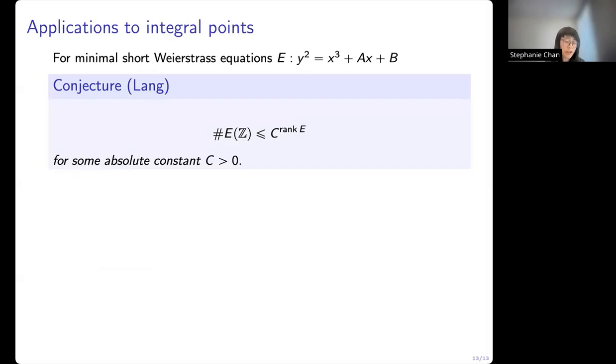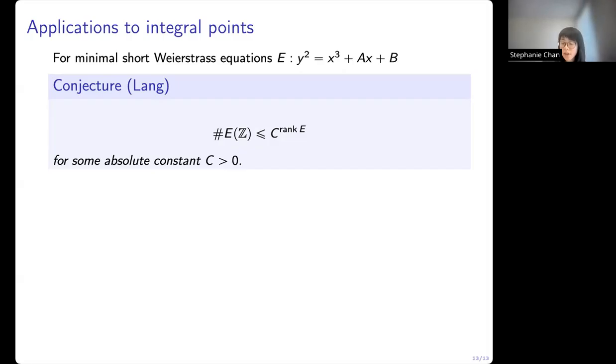For minimal short Weierstrass equations, there's a conjecture by Lang that says the number of integral points should be uniformly bounded by c to the rank, where c is an absolute constant. So this c should not depend on the elliptic curve itself, as long as the model we're taking is minimal.